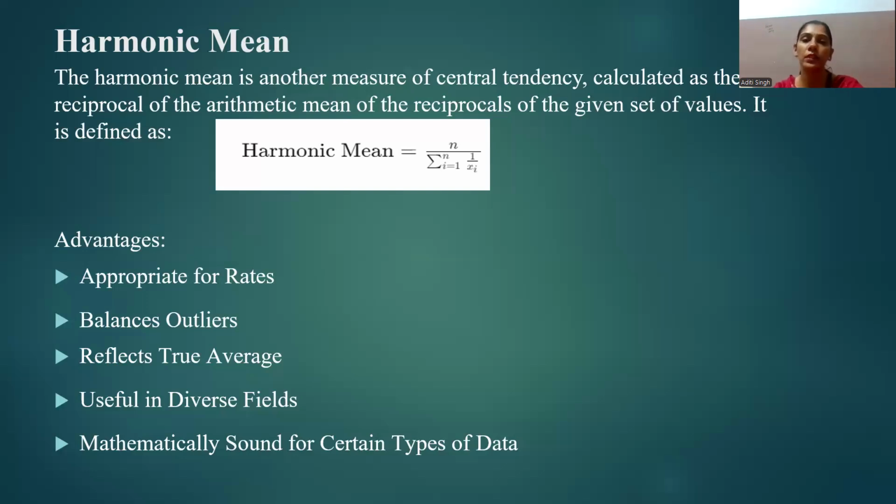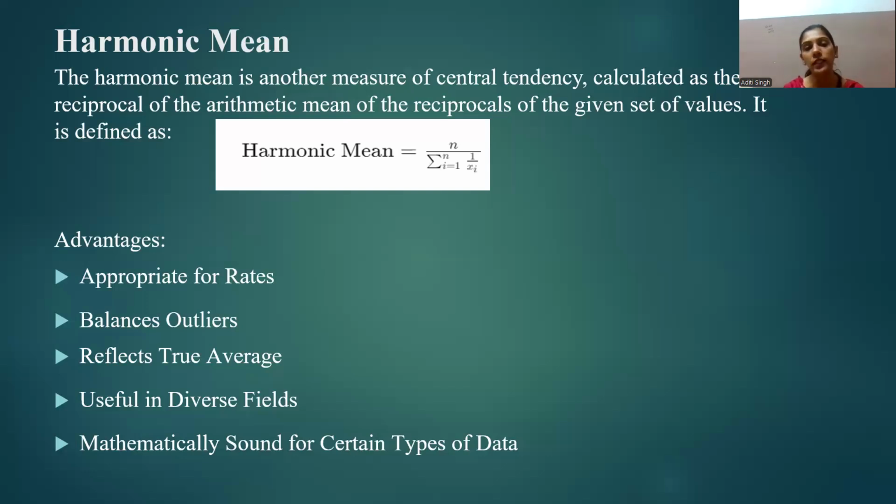What we understand from this is that the harmonic mean provides a more accurate measure of central tendency for rates, or for calculating ratios, compared to the arithmetic mean, especially when the data set includes values that represent speed, densities and other rates.